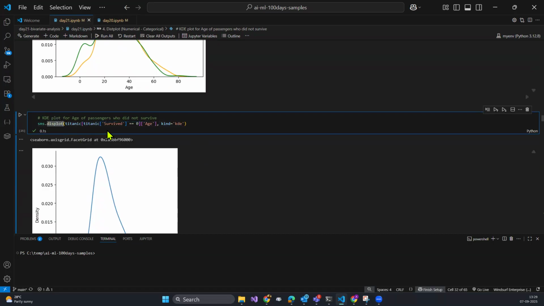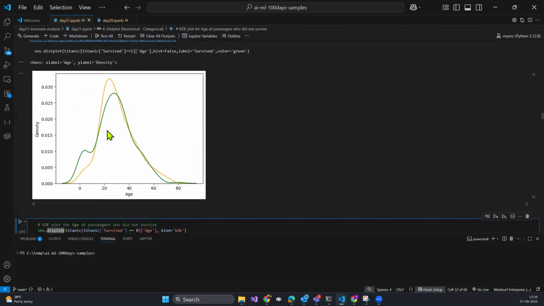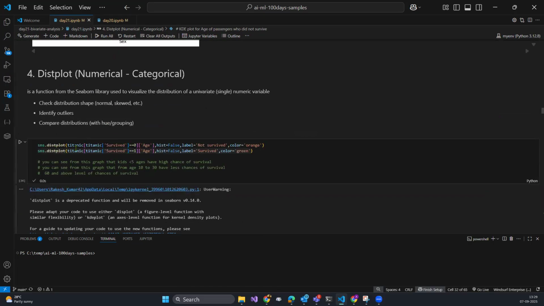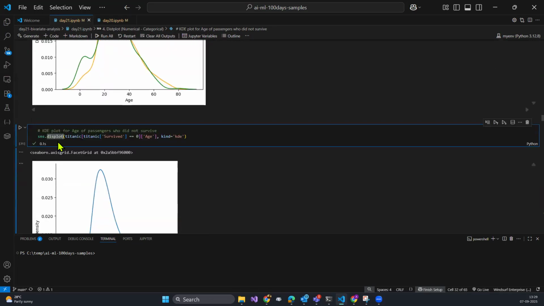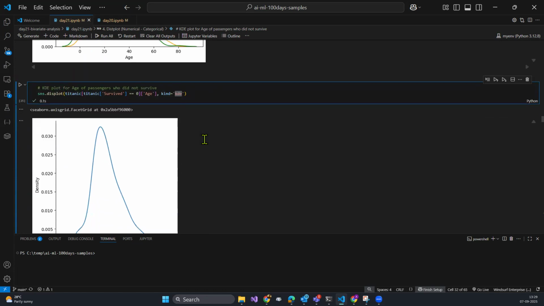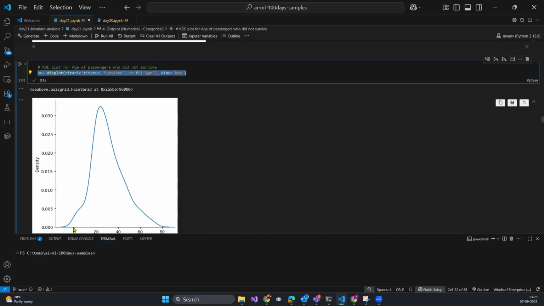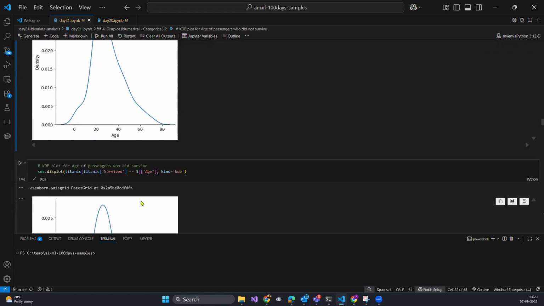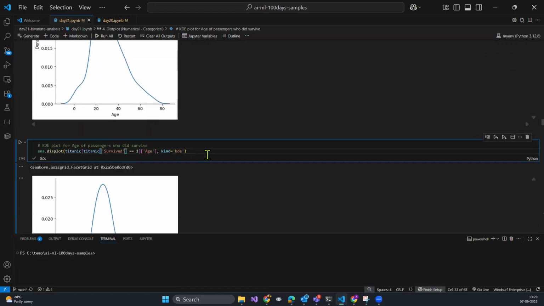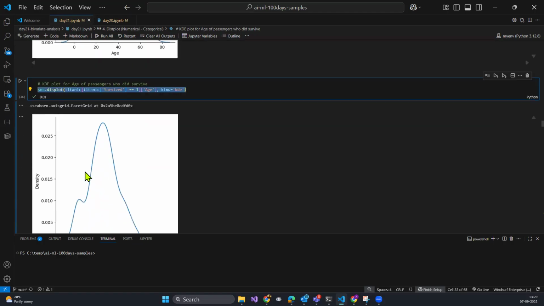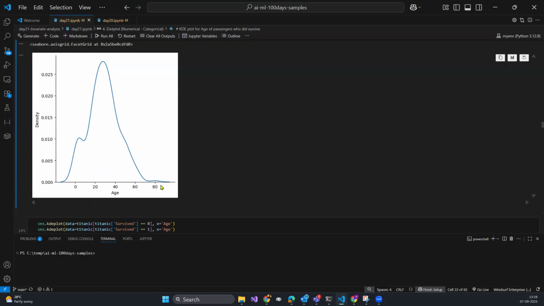Apart from dist plot, which is about to deprecate, we can use KDE plot to show the distribution of not survival. And similarly for survived, according to age, we can see this distribution.